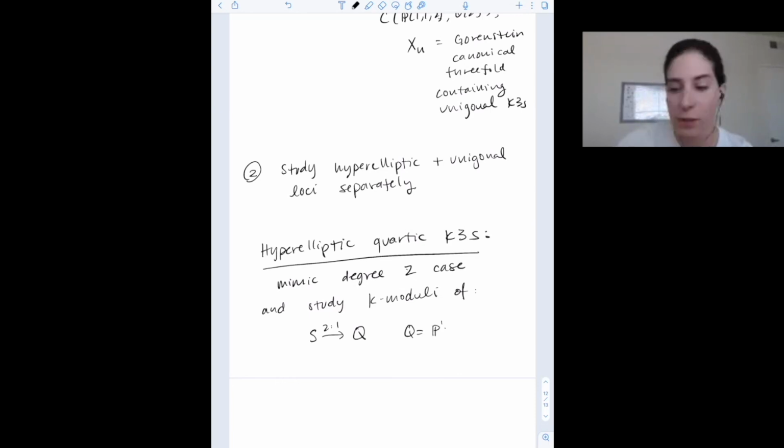If the quadric surface is P1 cross P1, then the branch locus is a (4,4) curve.